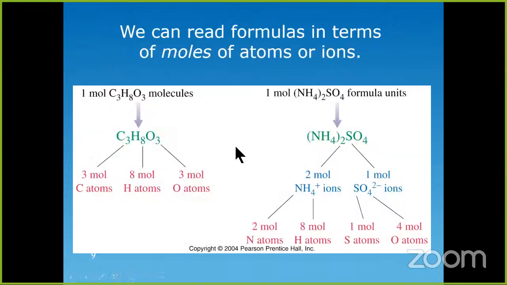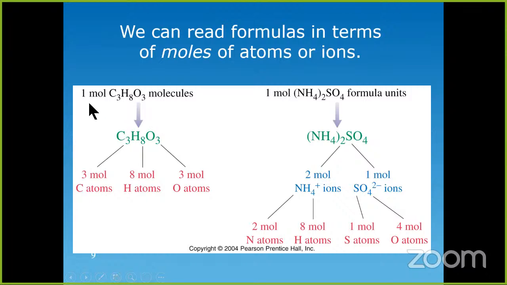Okay, another thing that we need to talk about in terms of moles is that within 1 mole of a substance, we can determine the number of moles of particular elements just by looking at the formulas and looking at the subscripts of those elements in the formulas, right? So for example, let's take this compound here. I'm not sure what this compound is, but this is a molecular formula, right?